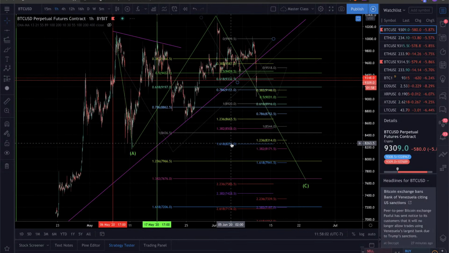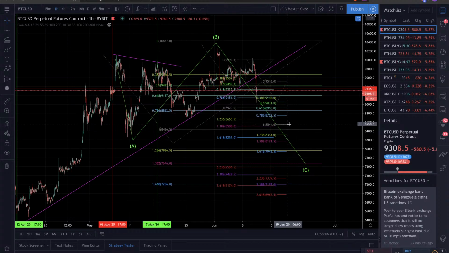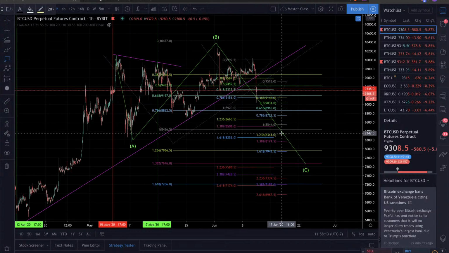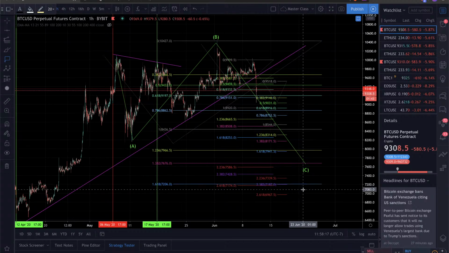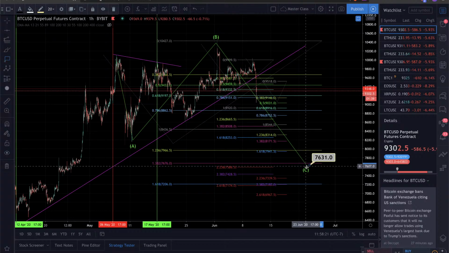So a lot of different support zones for what we have on this move down, which is a little bit more in the bulls' favor, that we've created quite a few different ones. Some strong points of interest would be roughly right here, 76.